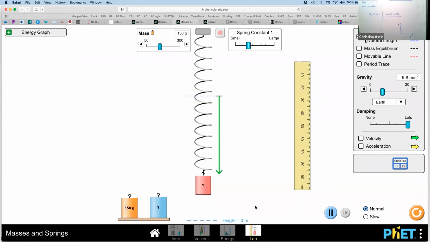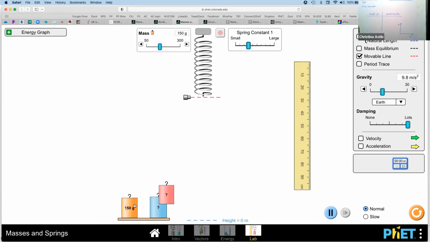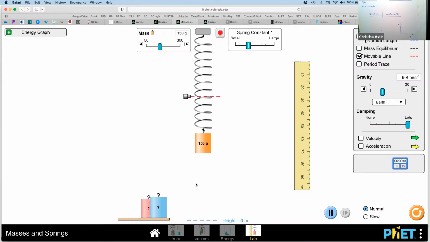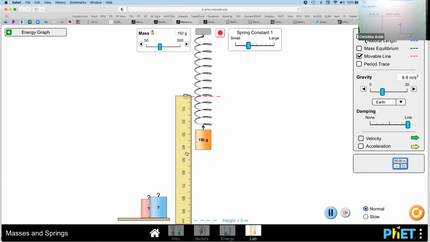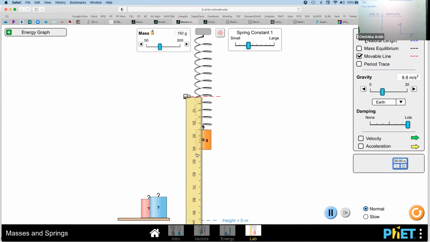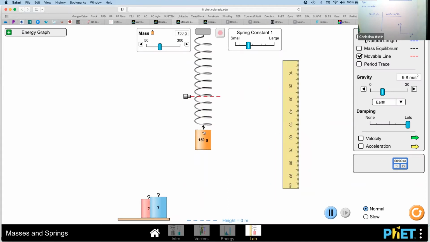That's the important point. And there are a number of different ways of doing that. Actually, you can get this movable line that you can move up and down. So if you take the mass off, you can set that where that is. And then when you put the mass on, you can make sure that you're always measuring to the same place. I hope that answers the question.